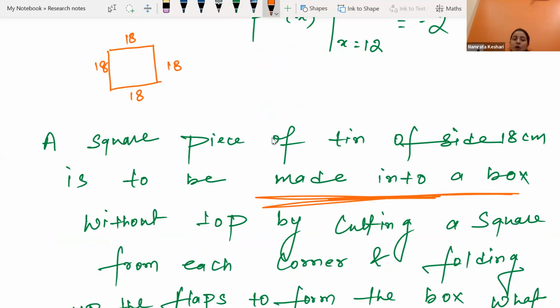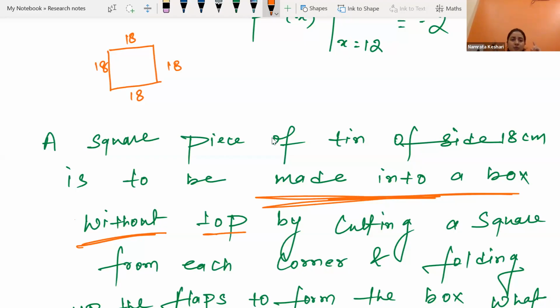A box without top, where the top part of the box will be open, by cutting a square from each corner and then folding it.